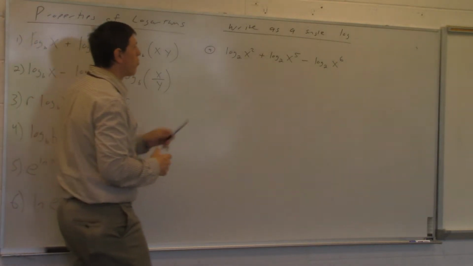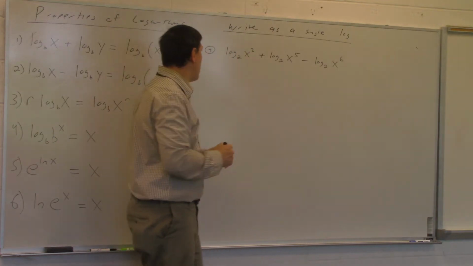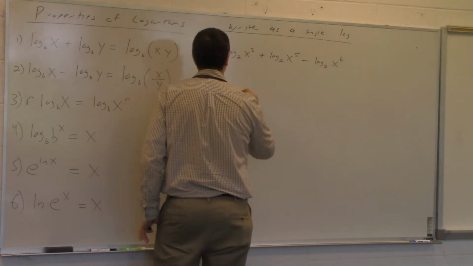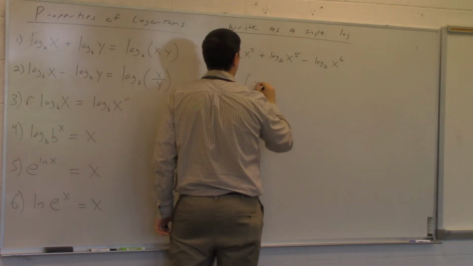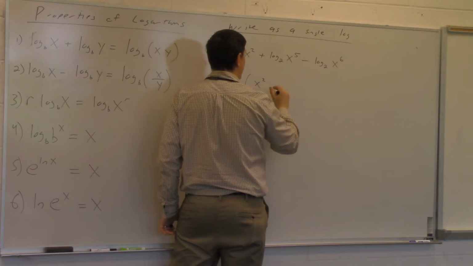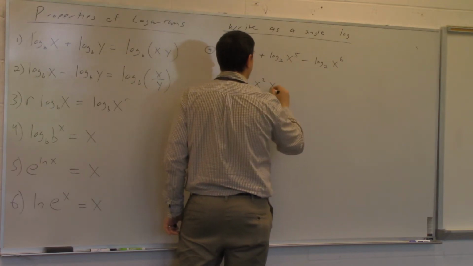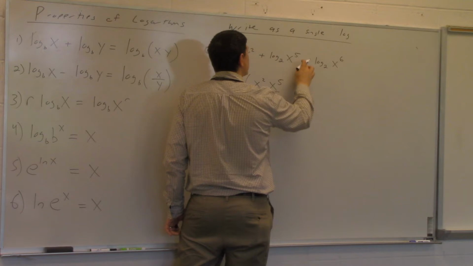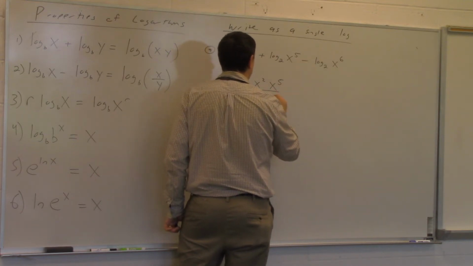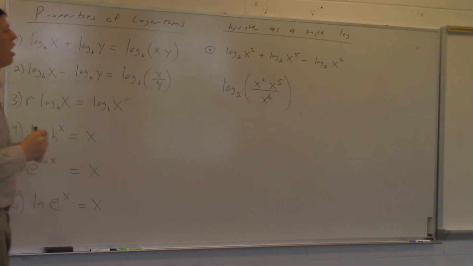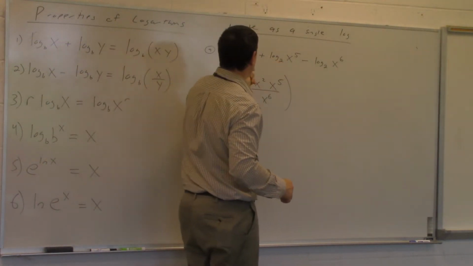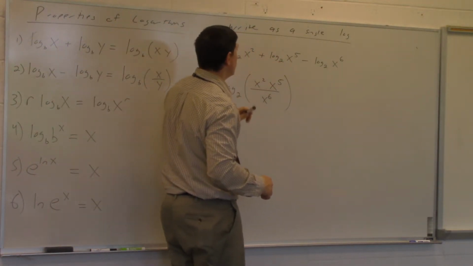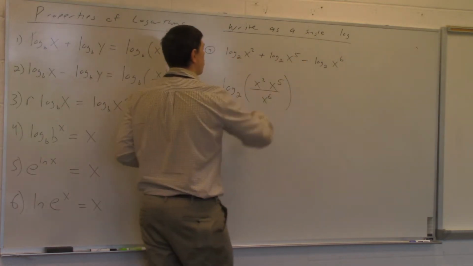So I'm going to rewrite this into a single log as log base 2, since x squared is positive, it goes on top, plus log base 2 of x to the 5th, so x to the 5th goes on top, and then since we're subtracting x to the 6th, the x to the 6th is going to go in the denominator. Okay? So hopefully you understand that anything with a positive coefficient is going to go in the numerator, anything with a negative coefficient goes in the denominator.